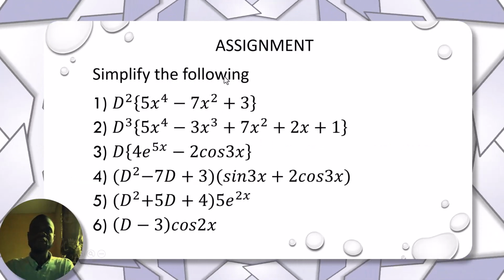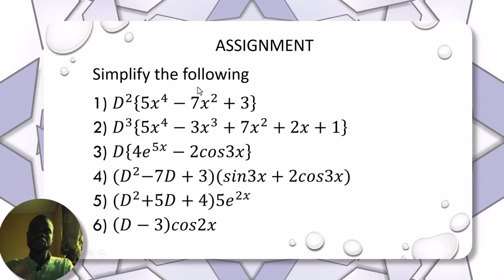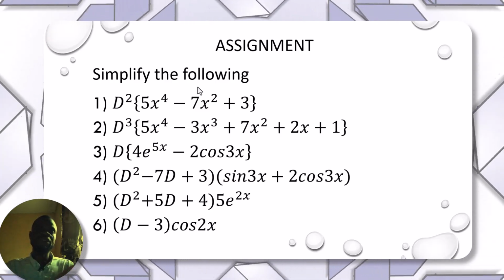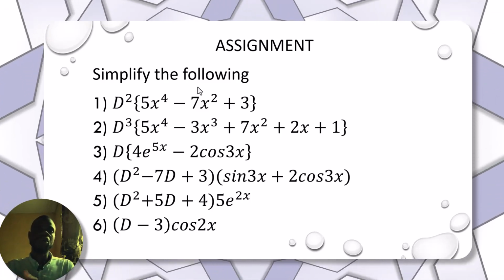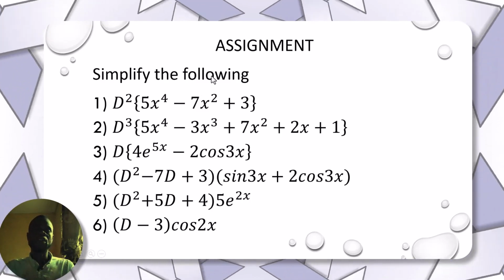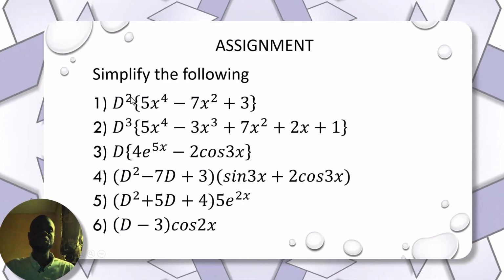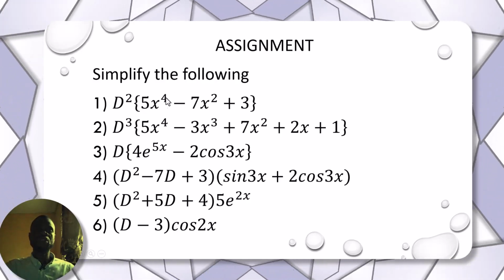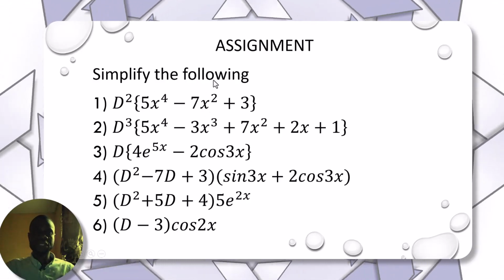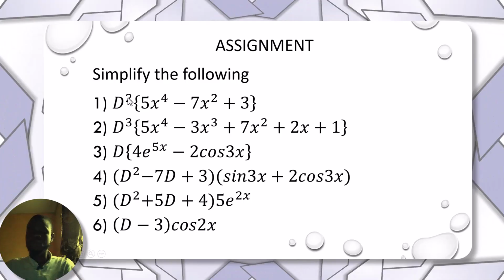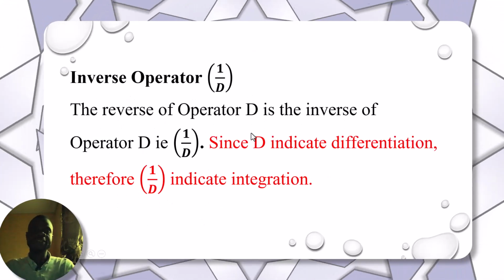So we have some examples or some exercises that you are going to go through. Whenever you have any question, you can comment in the comment section, or you can simply drop your answer in the comment section so that we can verify if your answers are correct. But this is still simple. You have second order, so it means you are differentiating this and differentiating this in the second order. Then just like that.